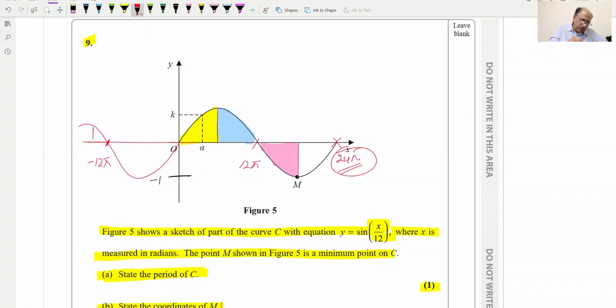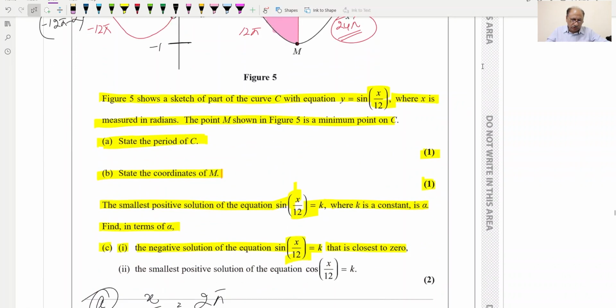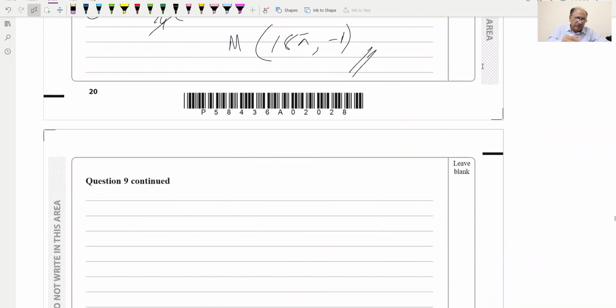If I redraw this sketch properly, the sine curve will be like this one. So alpha will be over here, and this will be -12 pi. If I write in a different color, -12 pi minus alpha will be the coordinate of this point. So this will be the closest solution which we can provide for part C.